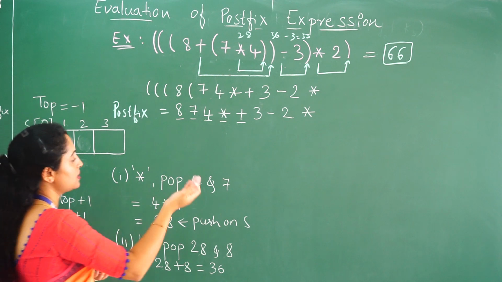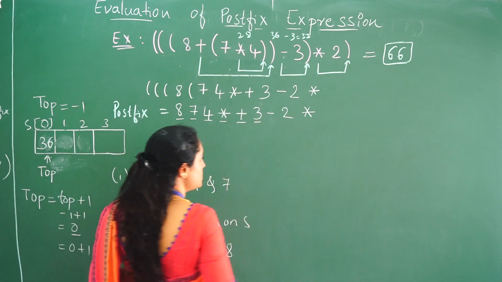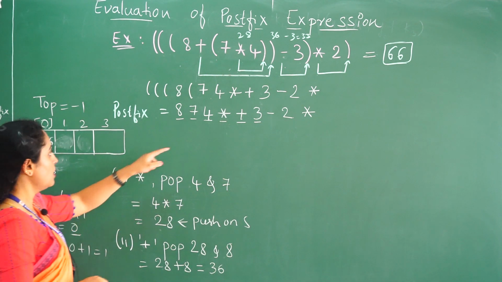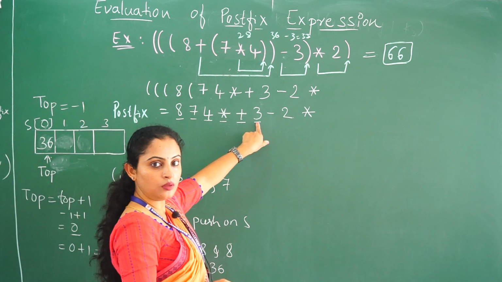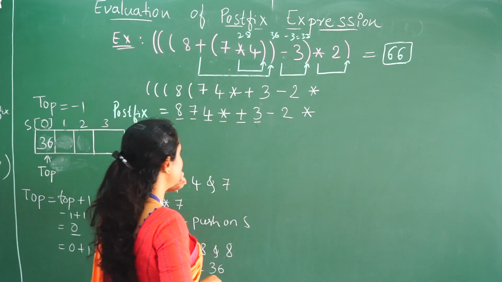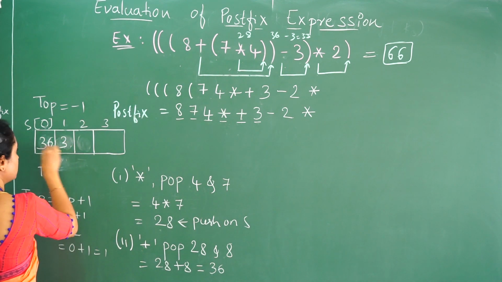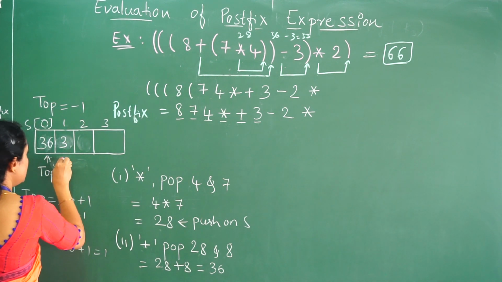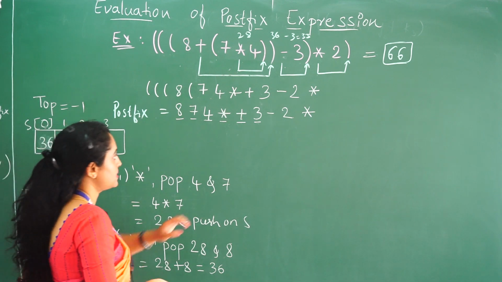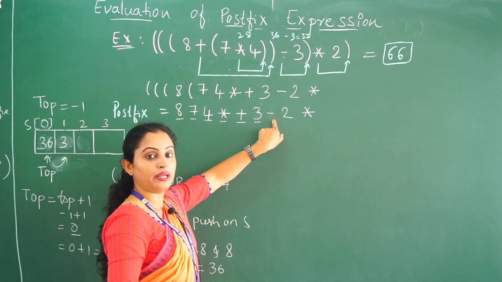Okay. So now let us continue the scanning. Next what we have got? We have got 3. Since 3 is an operand, push into the stack by incrementing the top. Next what we have got? Minus.